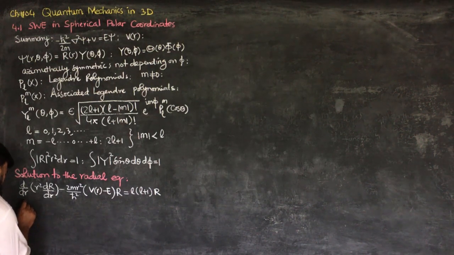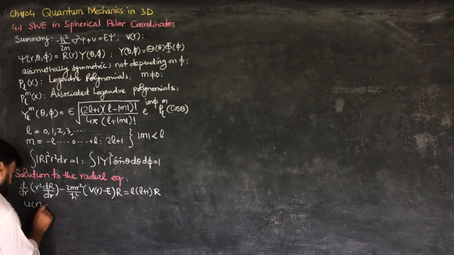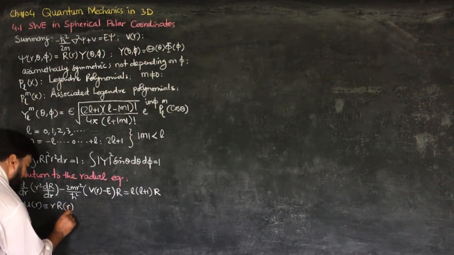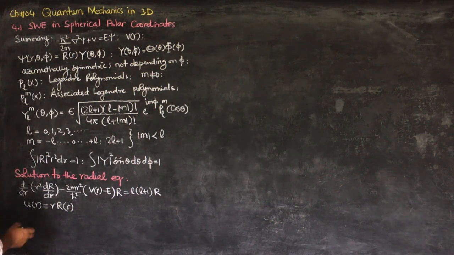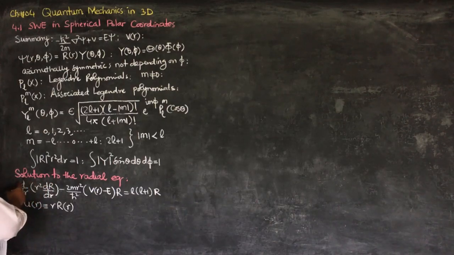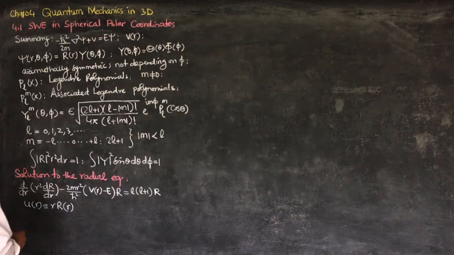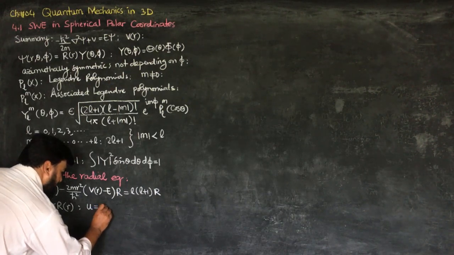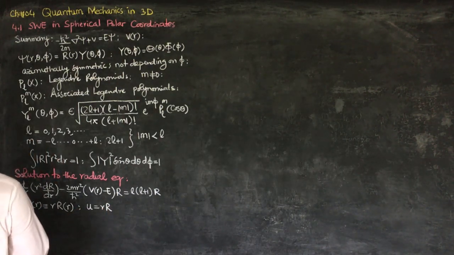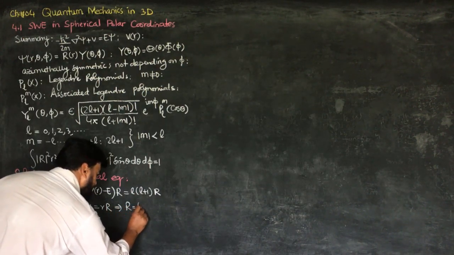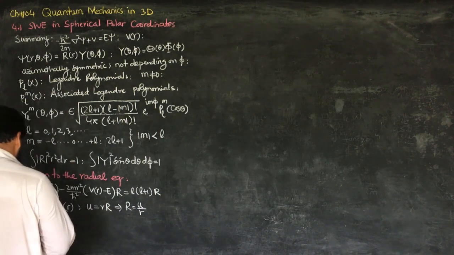I select u(r) defined as r times R(r). Why am I doing this change of variable? Because I want to generate a particular term, and it can be generated by selecting another variable u equal to rR. From here I can write R is u over r.